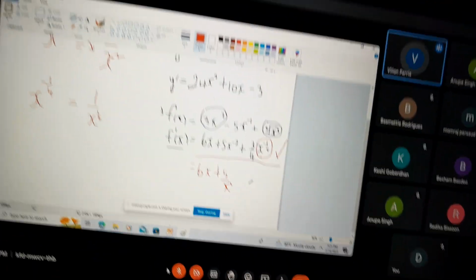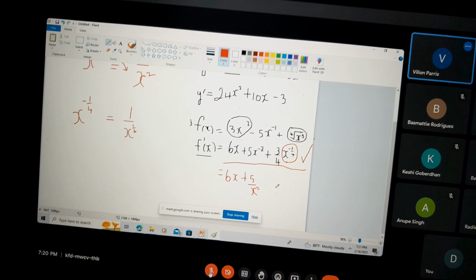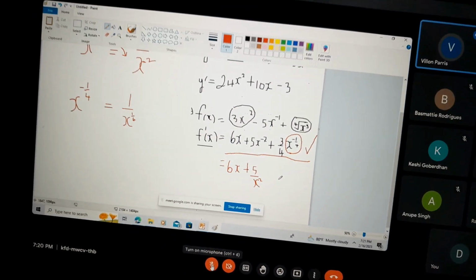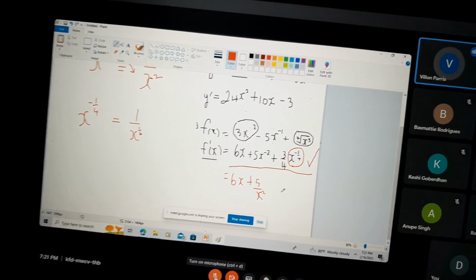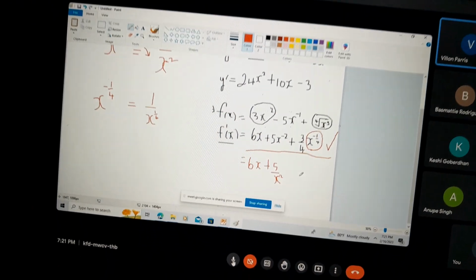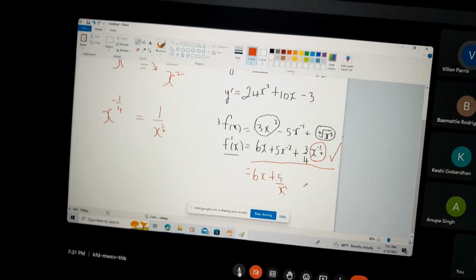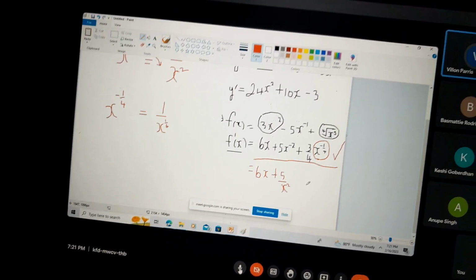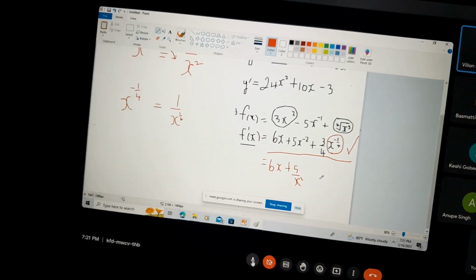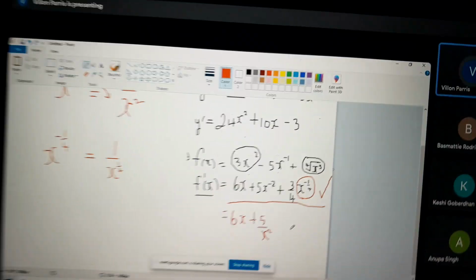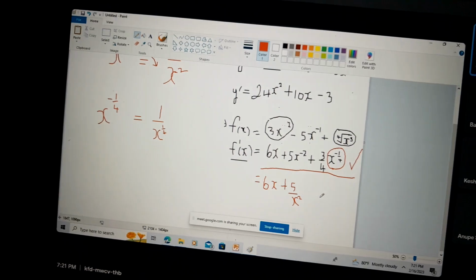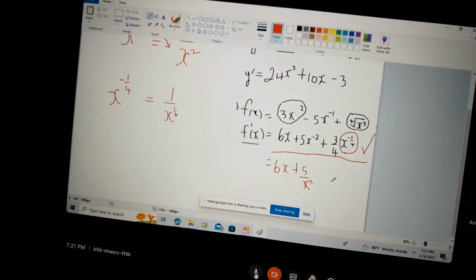Anyone understand what happened there? I had x to the negative 2. You see what happened there? Yes, sir. So it would have been 5 times 1 over x squared. So the 5 times the reciprocal.